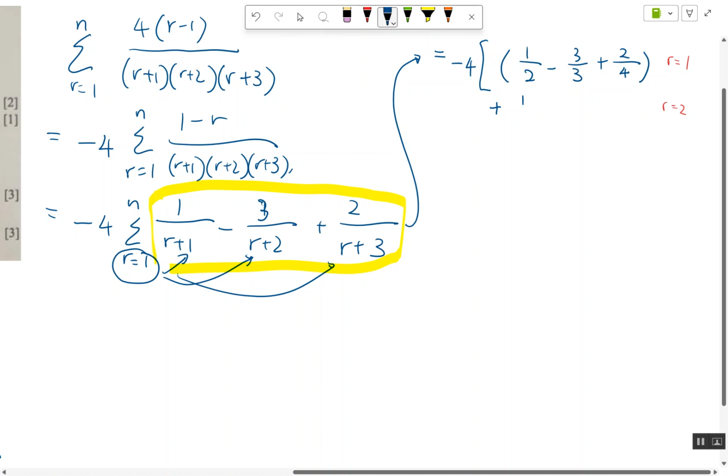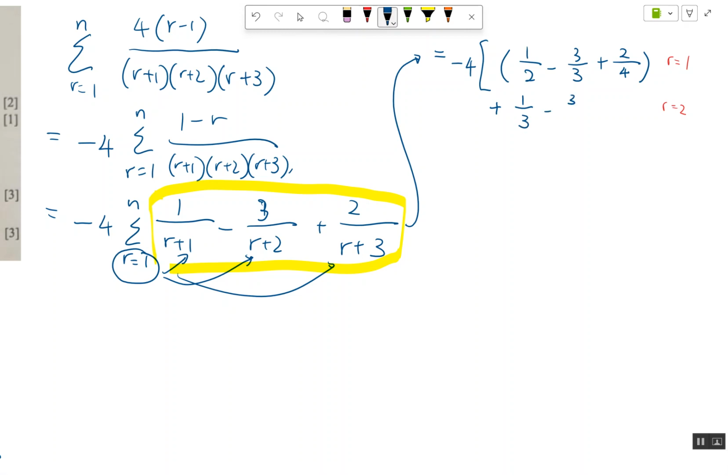That would be 1 over 3 minus 3 over 4 plus 2 over 5. Bracket it up. One more, sub in r equals 3, because I cannot see any obvious cancelling. Plus 1 over 4 minus 3 over 5 plus 2 over 6.